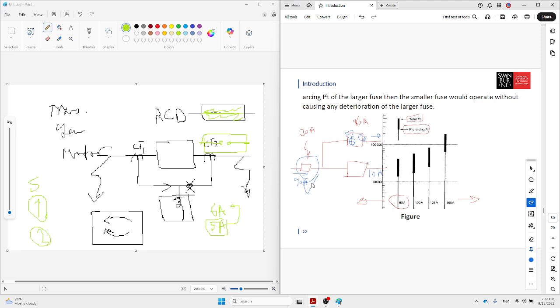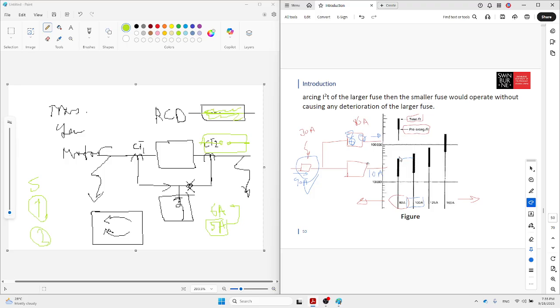We cannot choose 90. We even cannot choose 100. Why? The current is in the range, correct? But I²t, which is the energy for melting the material, is not considered. Just look here.